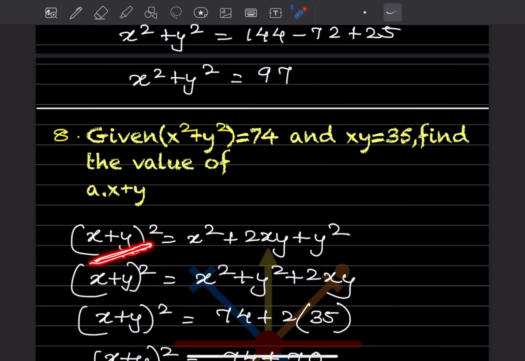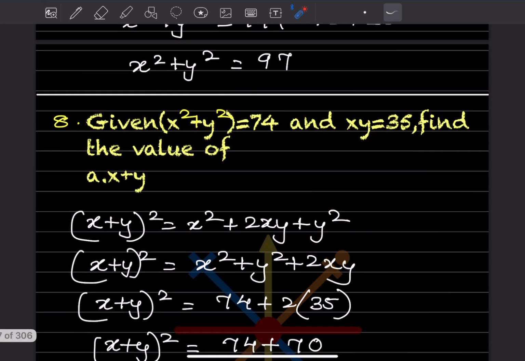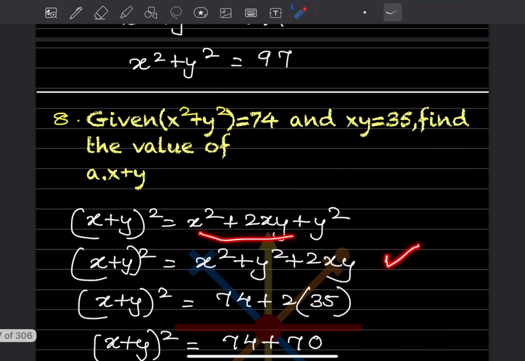So now we can use the formula (x plus y) whole square, because we want x plus y. When you expand that you get x square plus 2xy plus y square. This stays the same. Again, what I did, this is my extra step: x square plus y square, I brought it together, and this will be the last term.